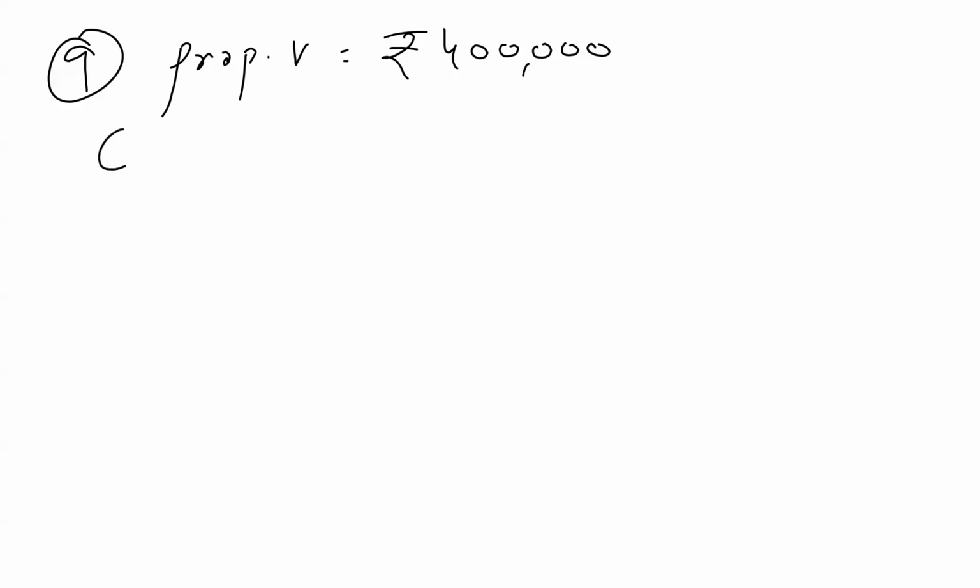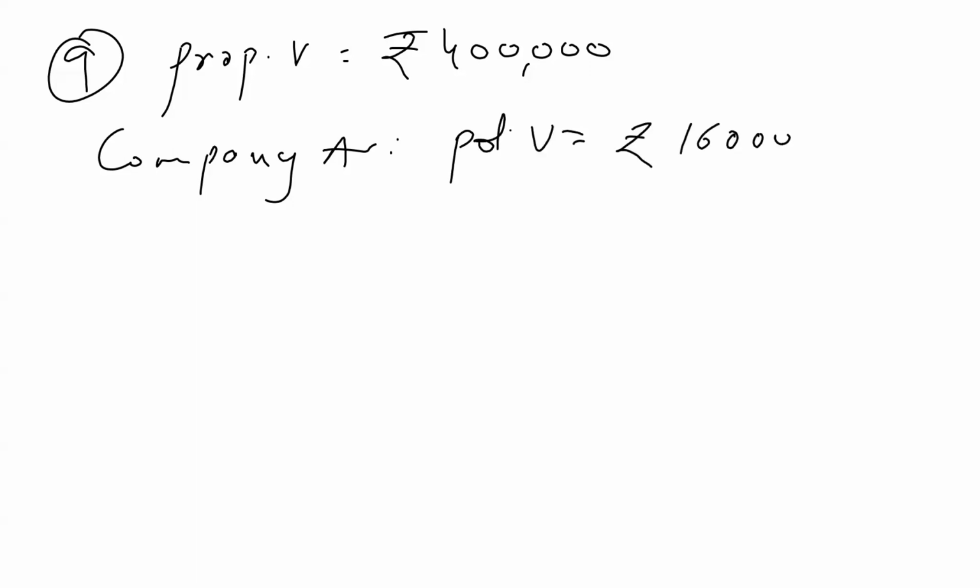So for company A, the insured value, that is the policy value, is rupees 1,60,000. It's given in the problem. Find the amount recoverable from each of the company. So from company A, the damage over here is same for all the 3 companies. That is equal to rupees 9,000.